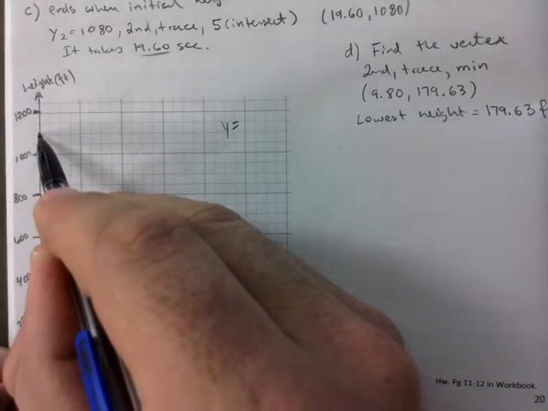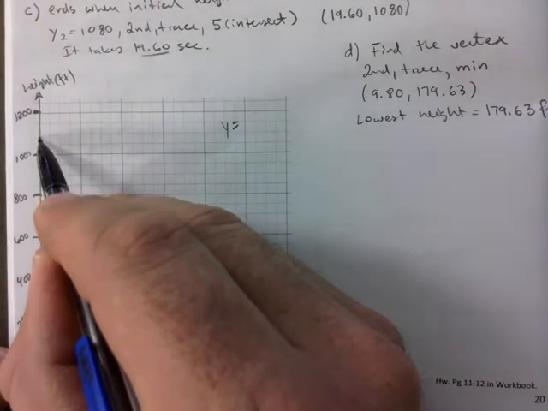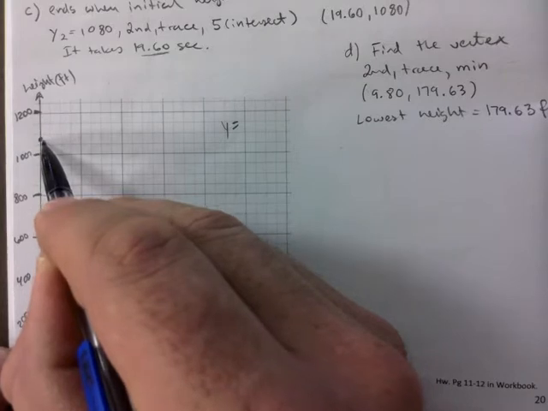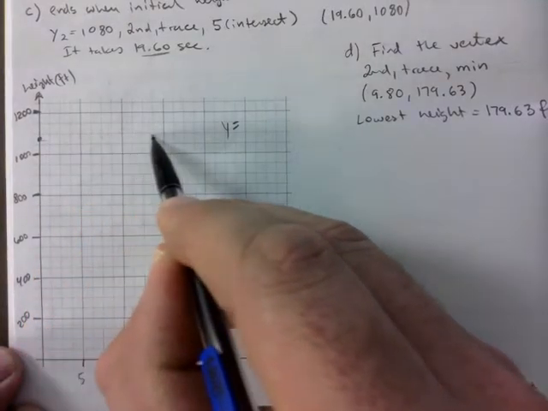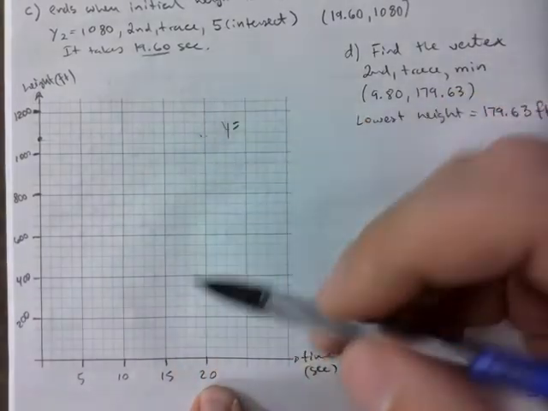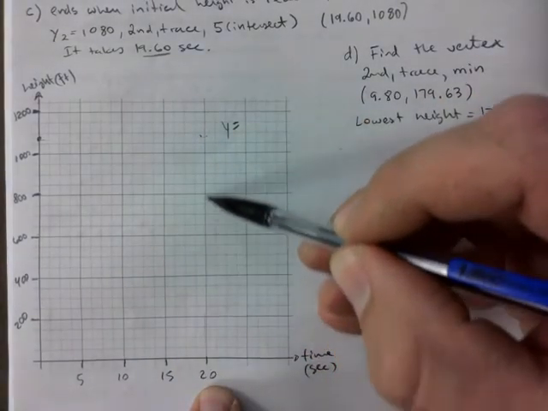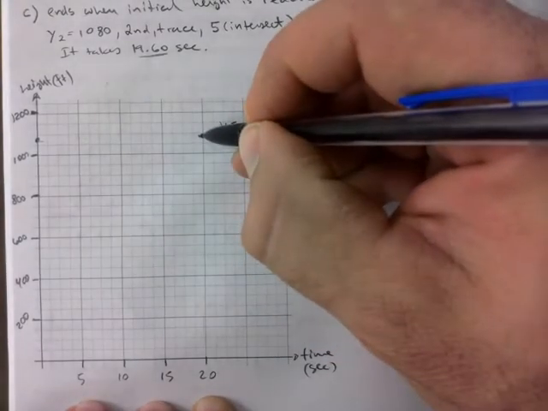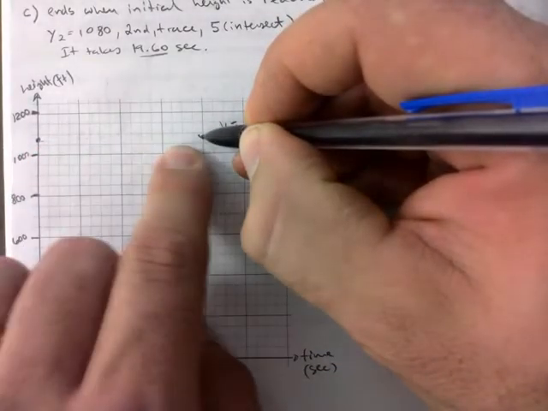This would be 1,100 here. So 1,080 is just slightly lower. Then I'm going to go right across. And this is the 20 mark down here. It's 19 point something. Very close to 20. So as long as you have them opposite like that.